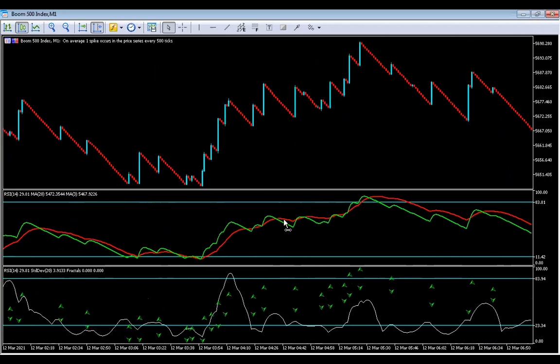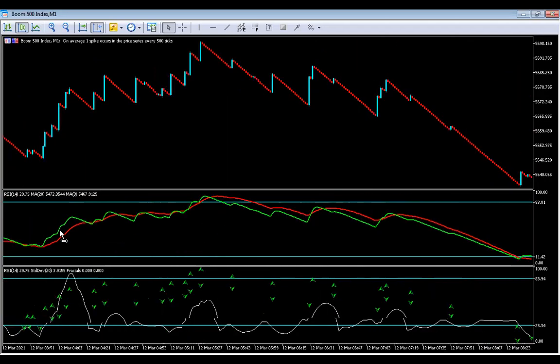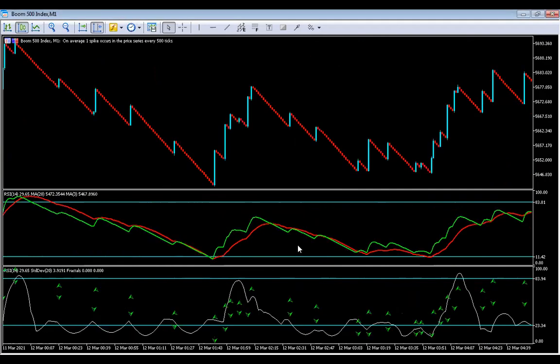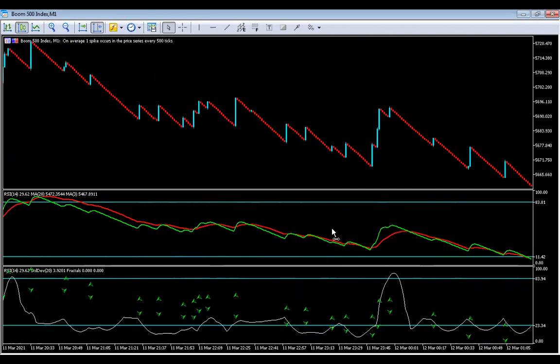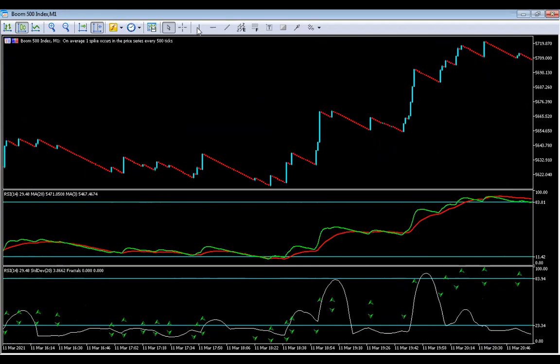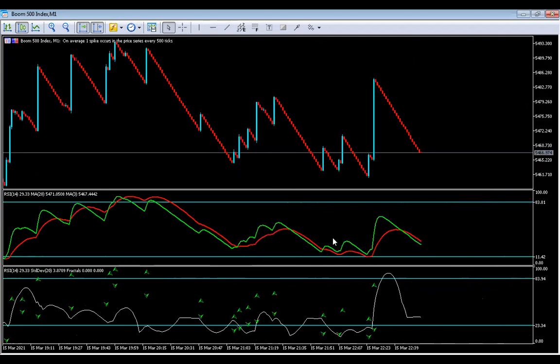I'm looking for a typical example to explain further. I can't find any other, but I believe you understood what I just explained to you. Now, let me show you how to use price action also to determine your trades.